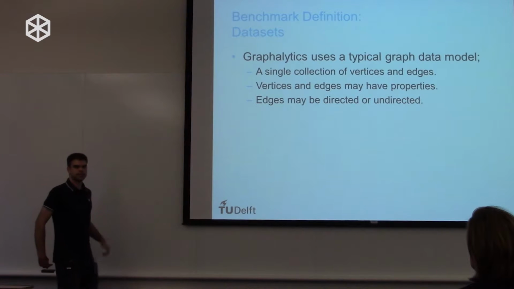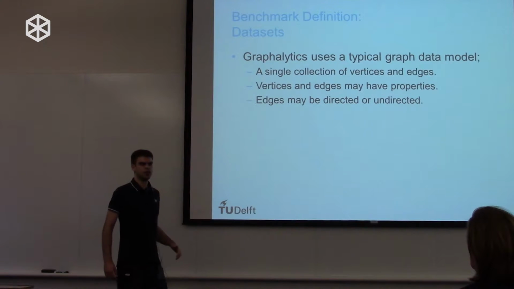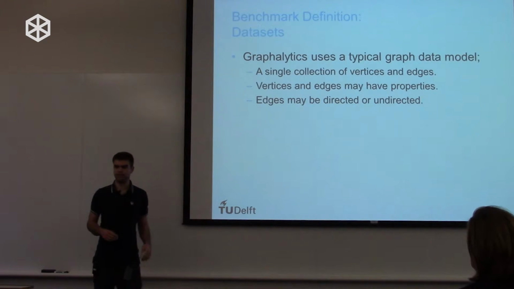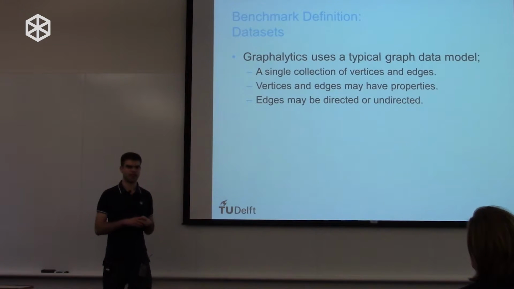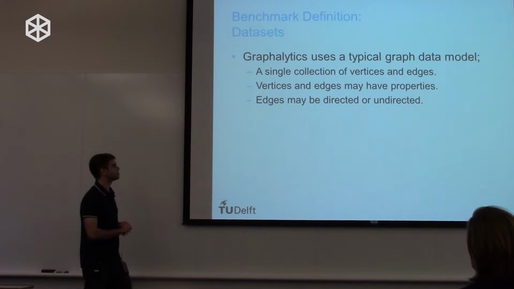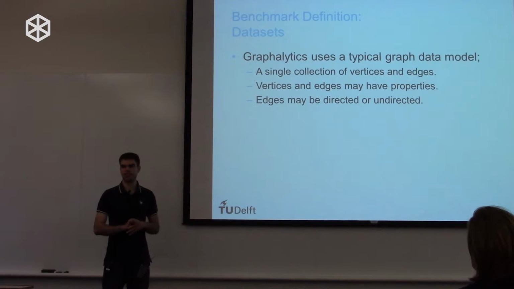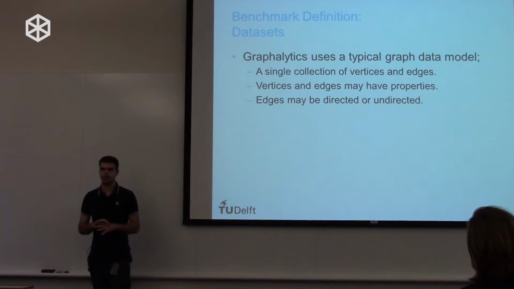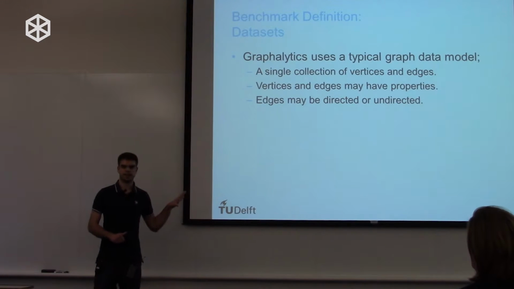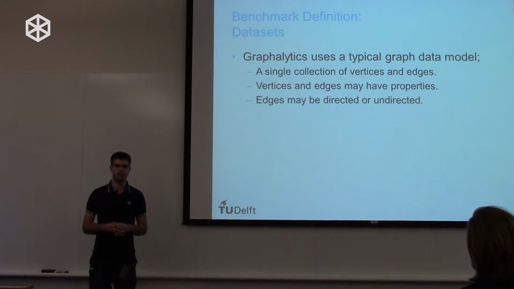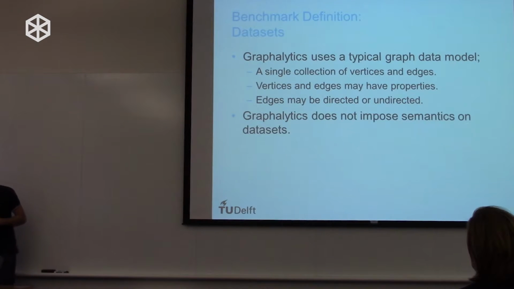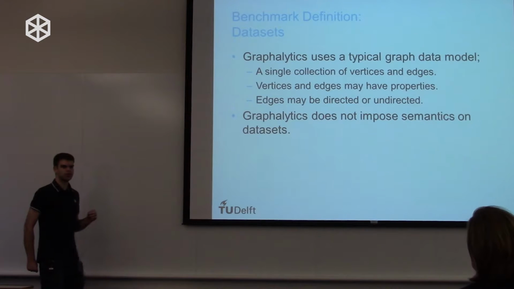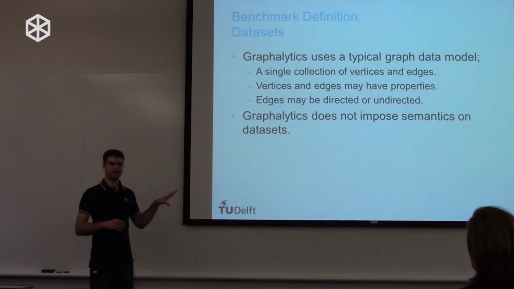For the data sets, we use a very typical graph data model, right? So we just have a collection of vertices and edges. Edges may be directed or undirected. There may be properties. But one thing that's important about Graphalytics, and quite different from, for example, the SNB interactive workload, is that Graphalytics does not impose any kind of semantics on the data sets.